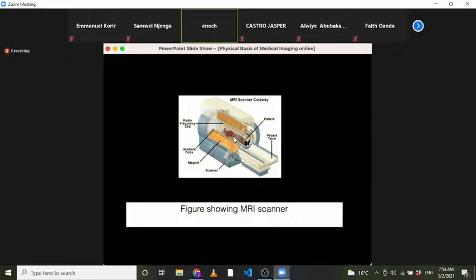When the RF field is removed, the transverse magnetization that was introduced by application of the RF field will decay. The hydrogen nuclei will be precessing and trying to align themselves in the direction of the external magnetic field that is always left on during the examination.